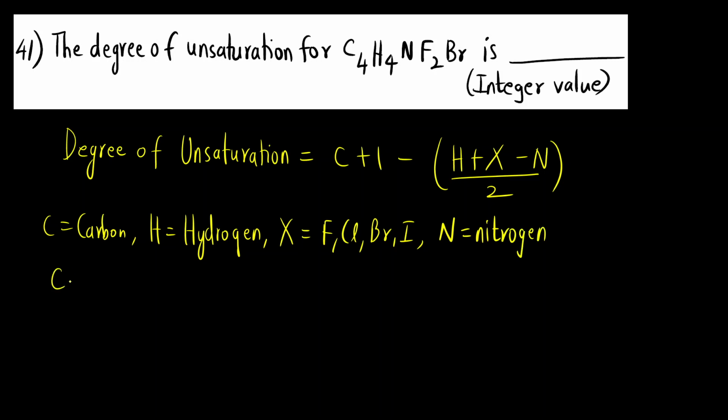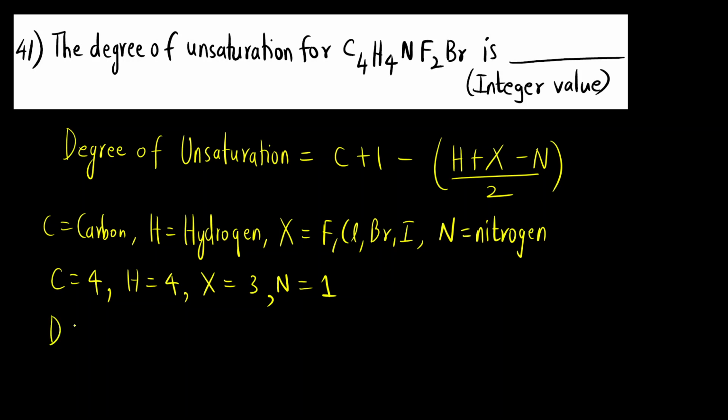Okay, so let us write down all the values. How many carbons are present? 4. Hydrogen is 4. Halogen is 2 fluorine and 1 bromine, so halogen X is equal to 3, and nitrogen is 1.